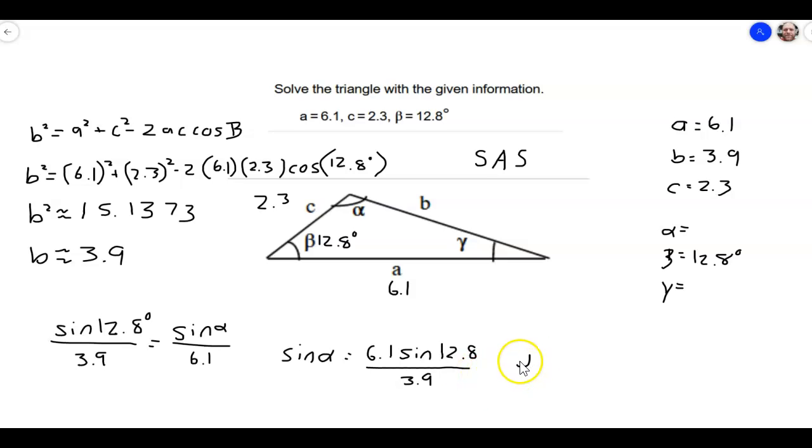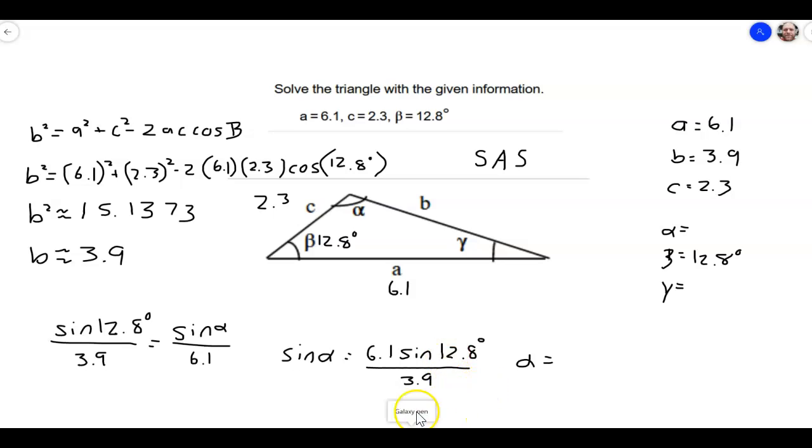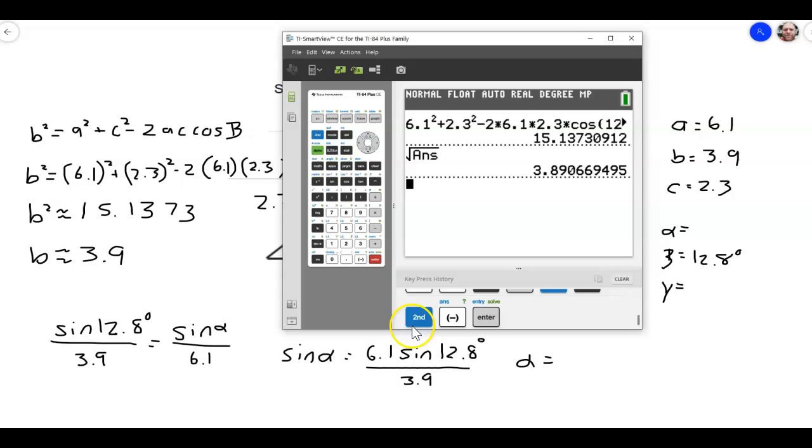So alpha is equal to the inverse sine of that. Let's put the inverse sine of that into our calculator, and make sure that this is in degrees.